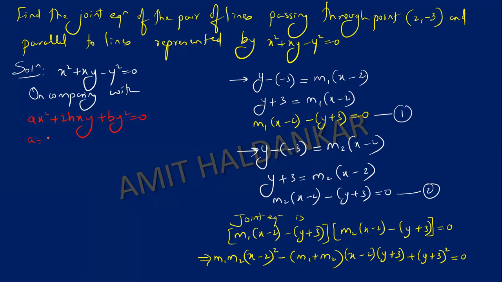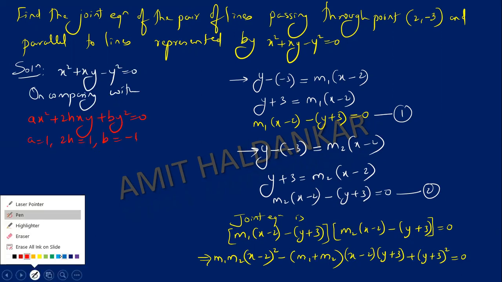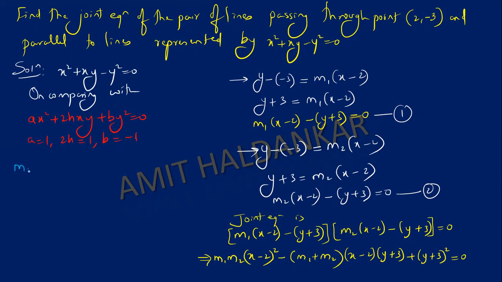I'll get a is equal to 1, 2h is equal to 1, and b is equal to minus 1. With these values, I can find m1 plus m2 and m1 into m2. The value of m1 plus m2 is minus 2h by b. This is nothing but the sum of the roots and product of the roots formula. The product of the roots is a by b.